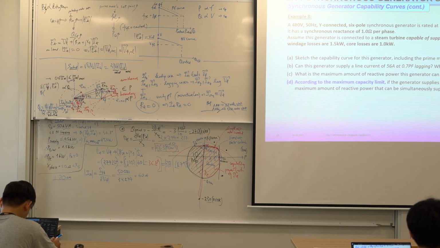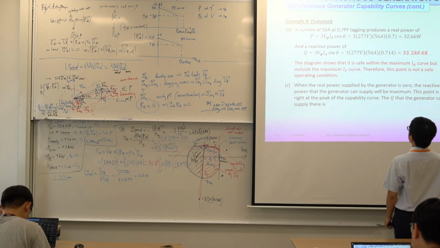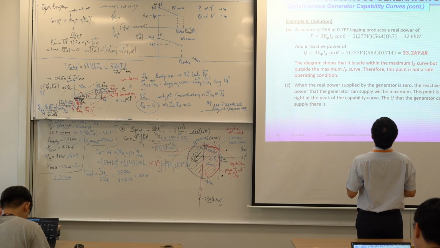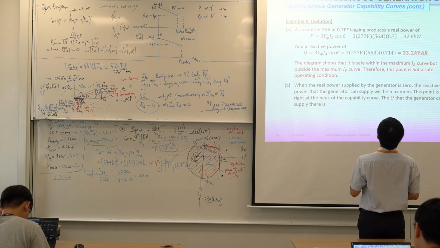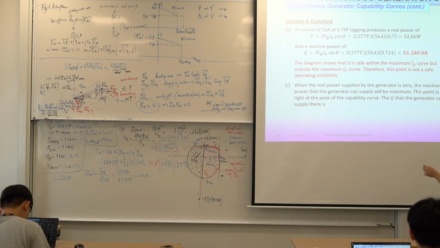So that means we cannot operate the synchronous generator with that kind of loading. Okay? Yes, look. This is not a stable operating condition because the operation point is outside of the power capability limit.